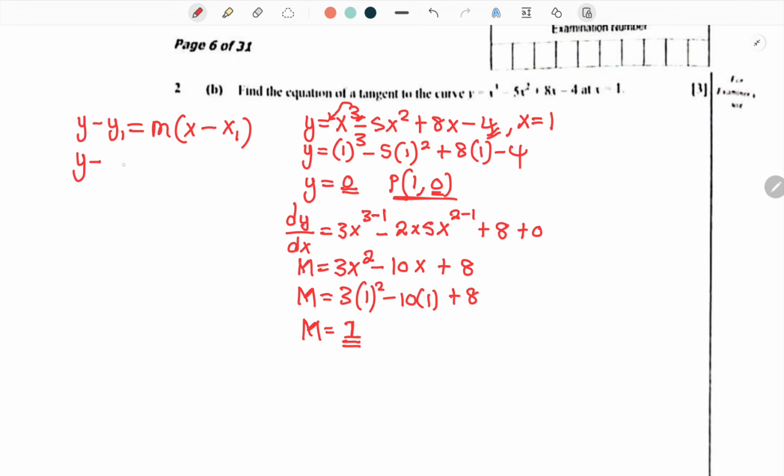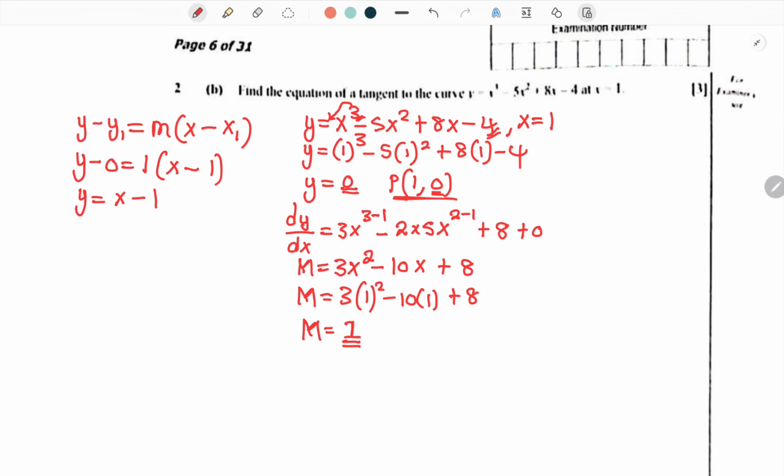So we're going to say y minus 0 is equal to the gradient, which is 1, times x minus 1. So we're going to have y is equal to 1 times (x minus 1). Okay, x minus 1.